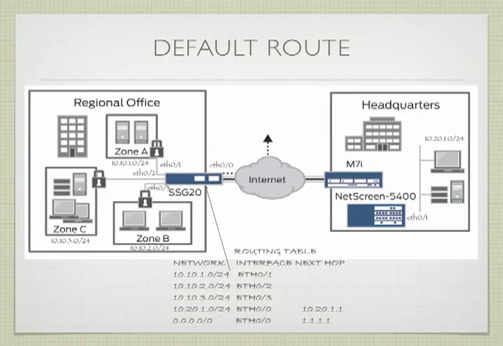And then finally, in order for internet access to occur, we would need a default route to be created. The default routes are created by using 0.0.0.0/0, and they would be directed to the interface pointed to the internet, and then that IP address will be the default gateway address that your internet-facing interface is connected to.